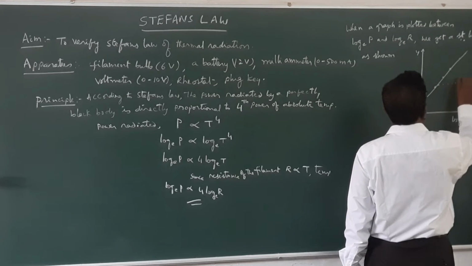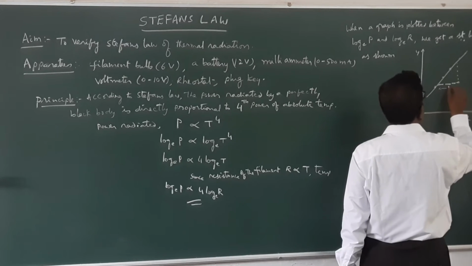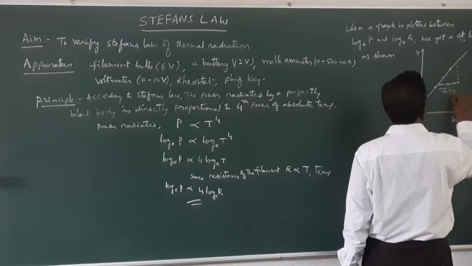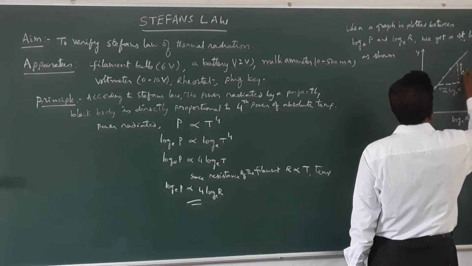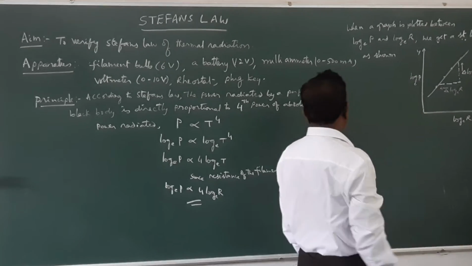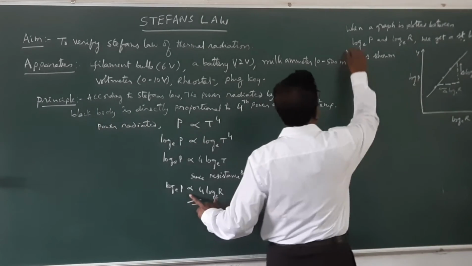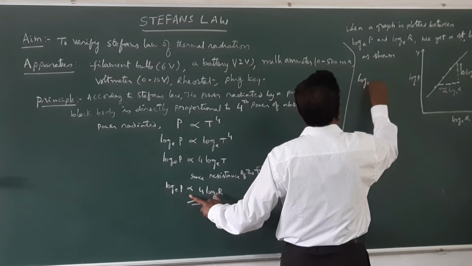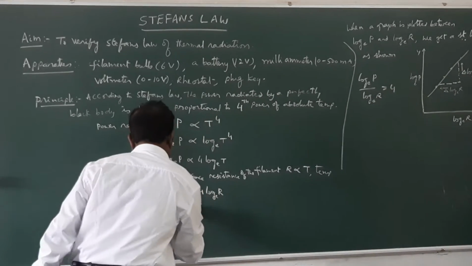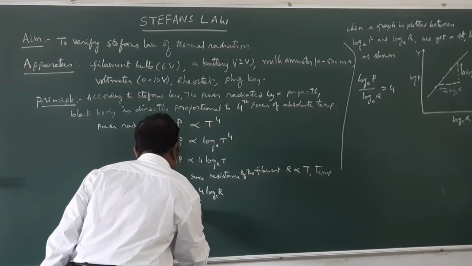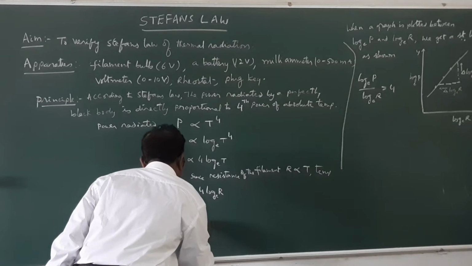When you find the slope of the graph, this is equal to delta log P by delta log R. Then, from this expression, what do we get? Log P by log R is equal to 4.